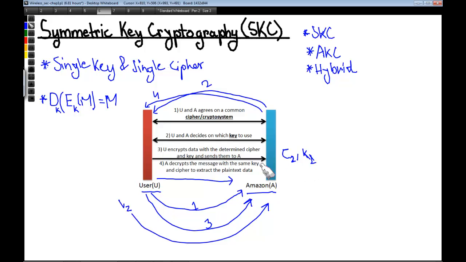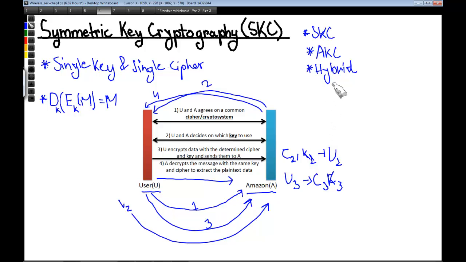If another customer, U3, requests to buy a dress, A needs to provide another cipher along with its corresponding key. You might imagine that this is a very tedious job, and obviously this needs huge storage.